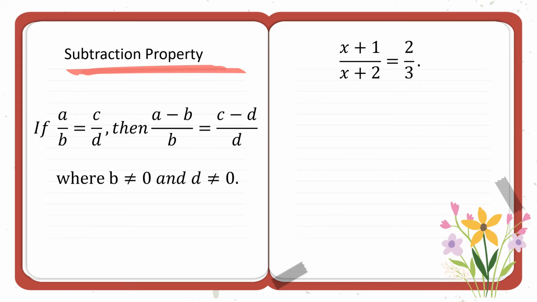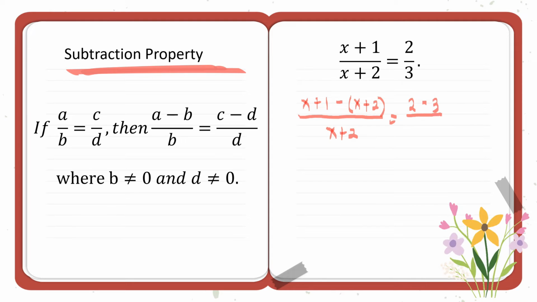So we have x plus 1 minus b, that is x plus 2, over b, which is x plus 2, equals 2 minus d, that is 3, over d, which is also 3.